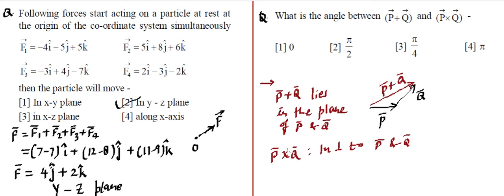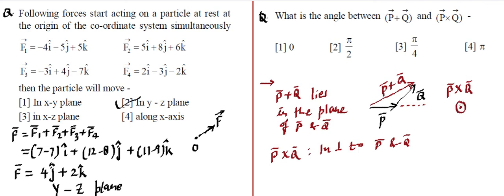Moreover, we can decide this direction of P cross Q as per the figure shown over here. You will place your right hand's fingers in this direction and curl. So if you are curling in this way, then you'll find the thumb will be in the outward direction. So we can say P cross Q in this particular picture will be in the outward direction.